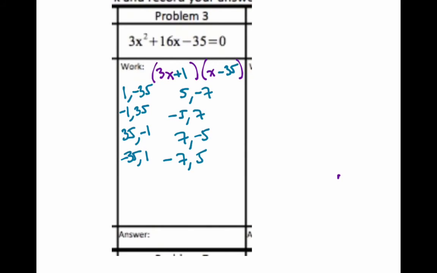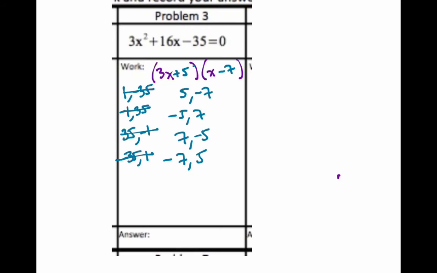1 and negative 35, that doesn't do it. Negative 1 and 35, that doesn't do it. And let's face it, none of these 35s are going to do it for me. So I'm just going to cross off the rest of that side. How about 5 and negative 7? Let's see, 3x times negative 7 gives me negative 21 plus 5x. Ooh, that gives me negative 16x. You know what?